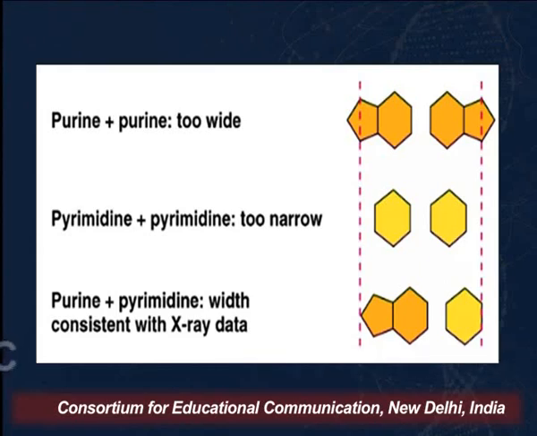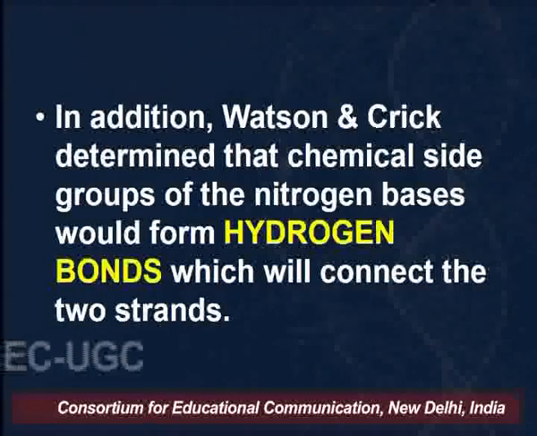This distance would be exact if a purine makes a bond with a pyrimidine, and this data, which is very accurate, was consistent with the X-ray data. So, it was presumed that a purine makes a bond with a pyrimidine.